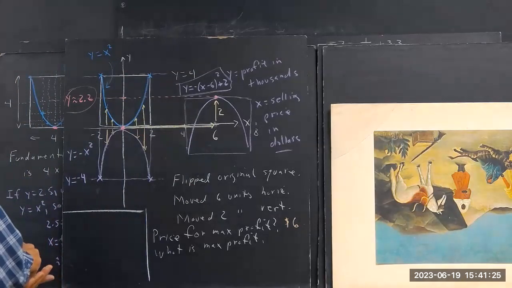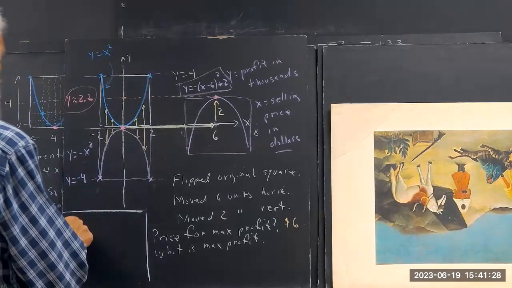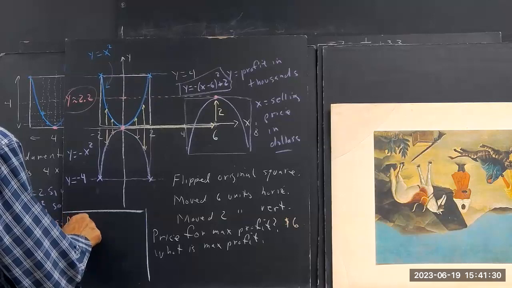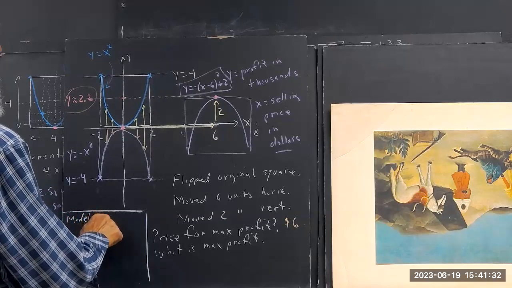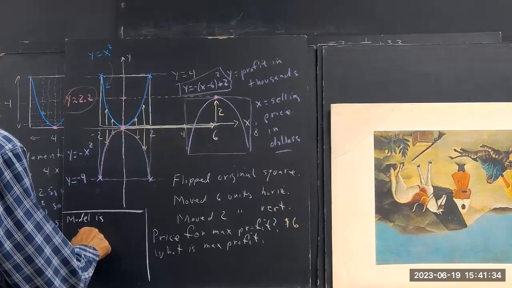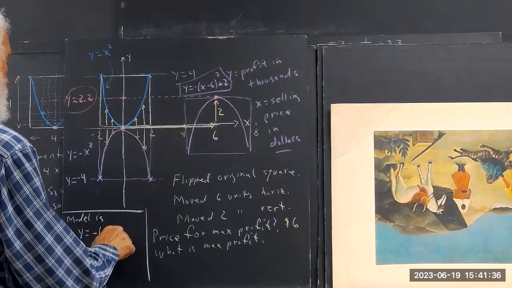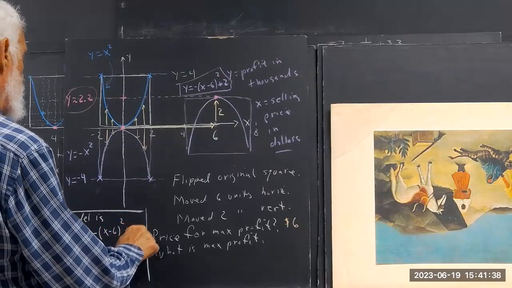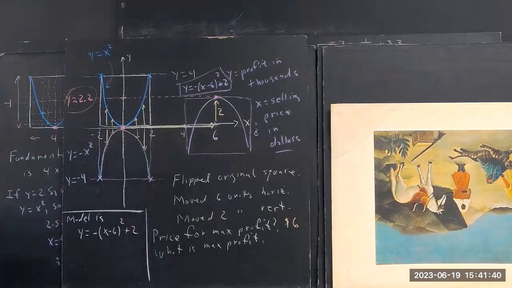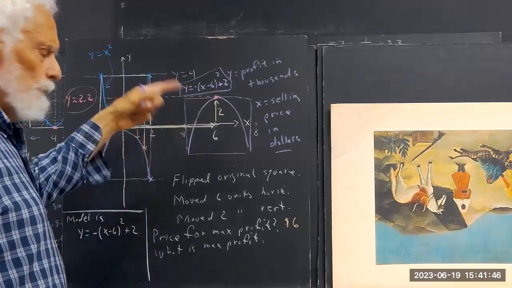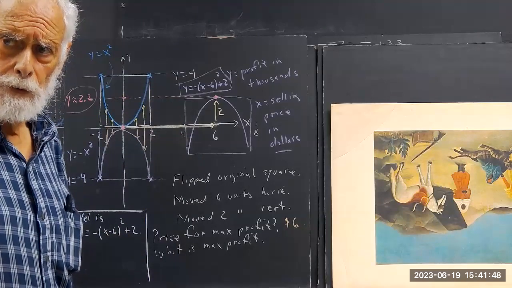So now, our model. Now, what if x equals 5? Would we make money if x equals 5?